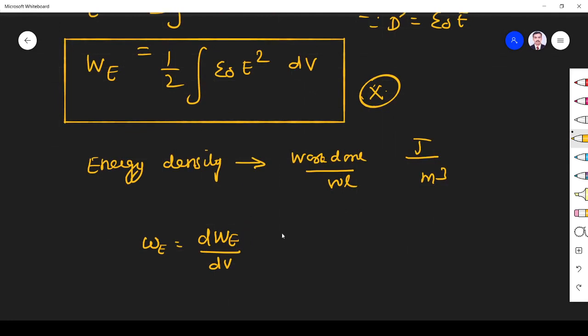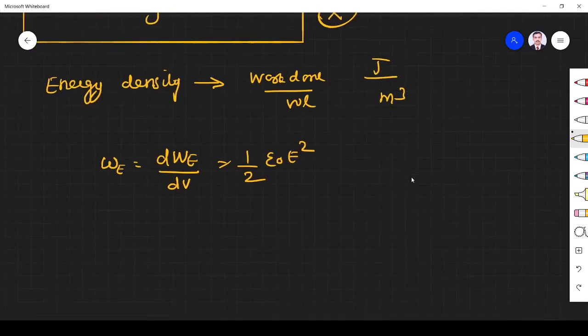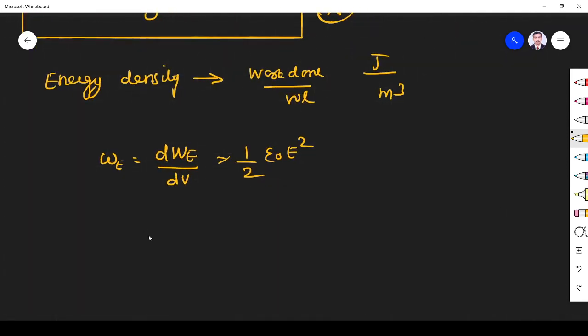If you differentiate this equation, because W is this one, 1 by 2 ∫, if you differentiate, the integration will go out, so it is epsilon naught E squared. That is the energy density. So the energy density, small w_E, is equal to 1 by 2 epsilon naught E square.